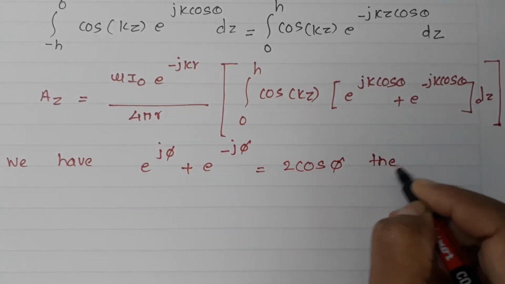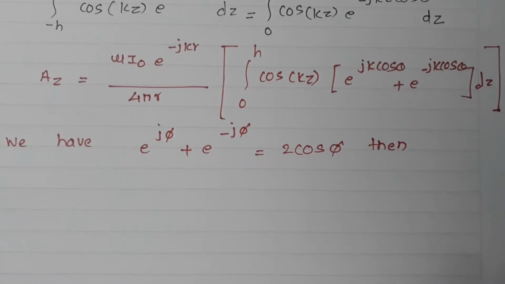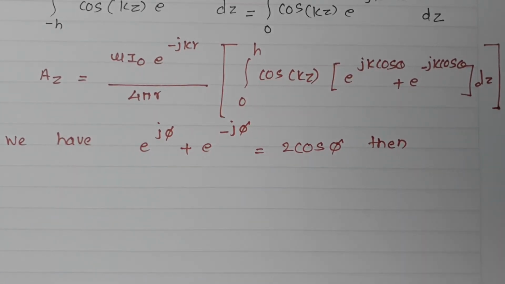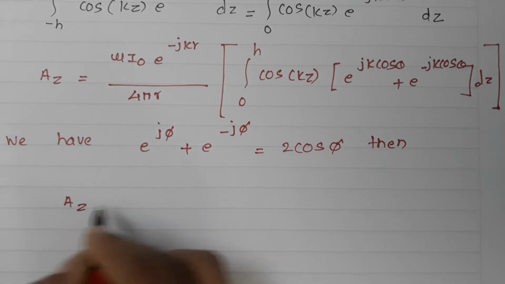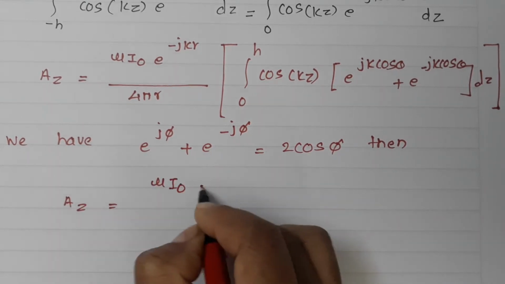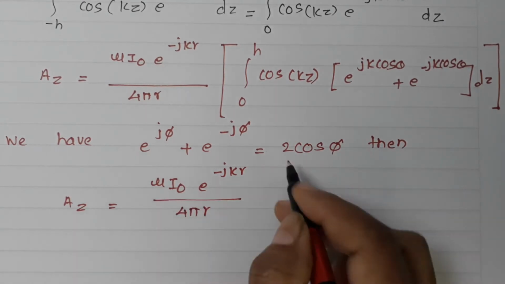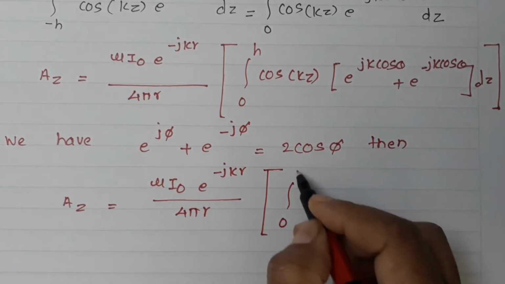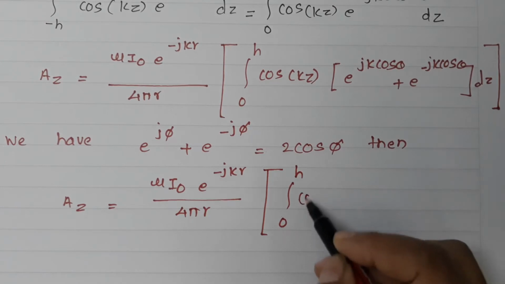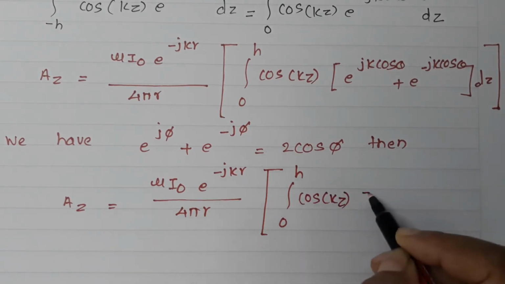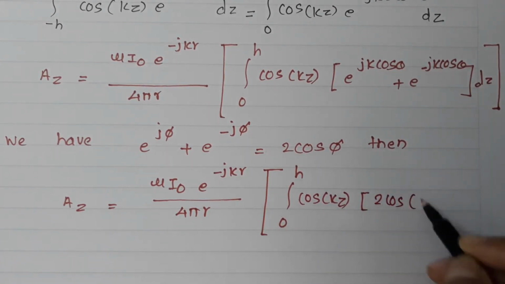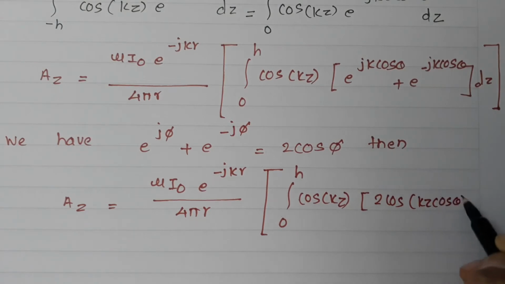If I put all these things in the equation, I can write Az is equal to mu I0 e raised to minus jkr divided by 4 pi r, integration from 0 to h of cos of kz times 2 cos kz cos of theta dz.